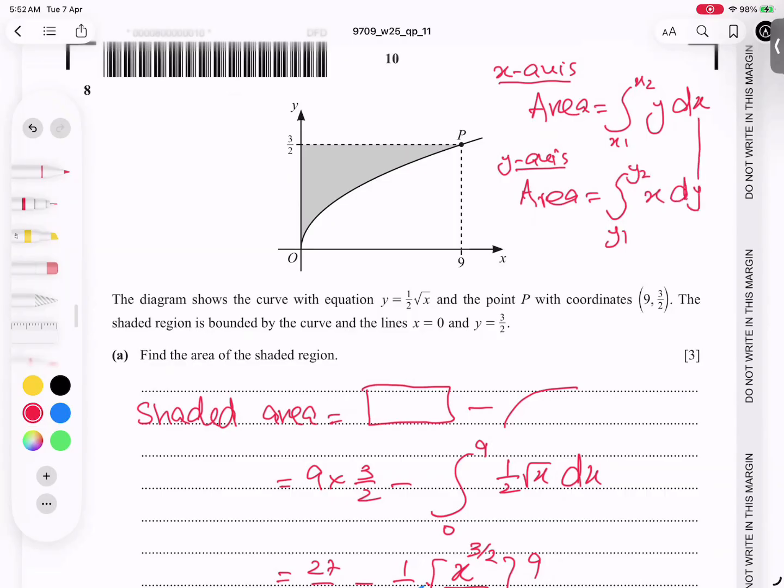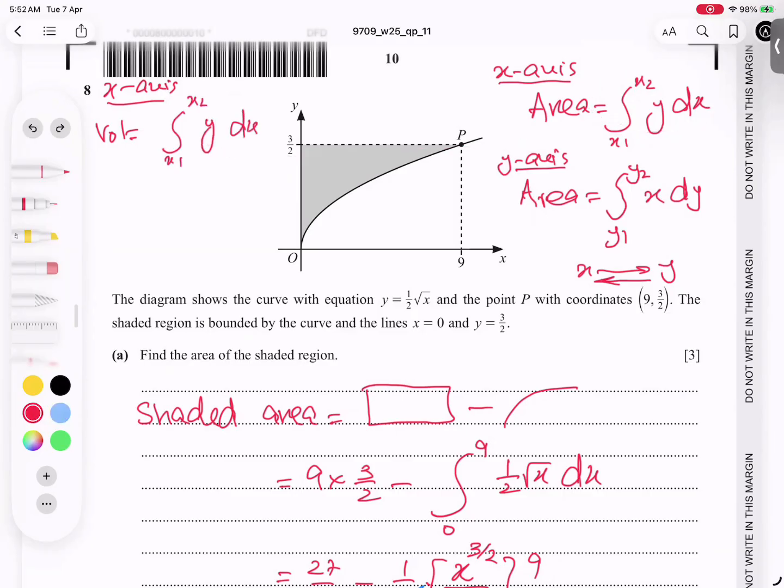You see, every variable is interchanged: x becomes y, and y becomes x. Same for volume. Around the x-axis, the volume formula is basically the same formula: x1 same, x2 same, y same, dx same.